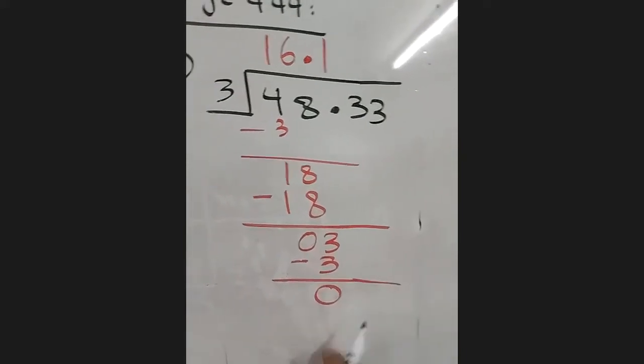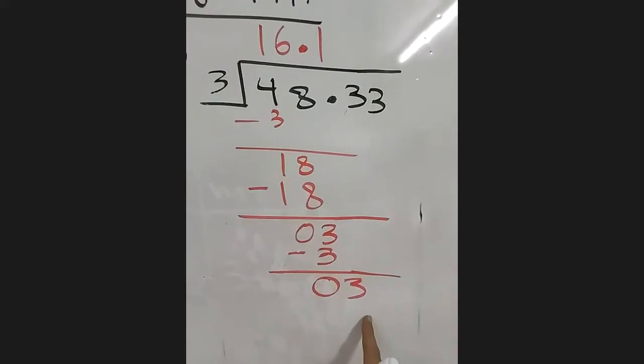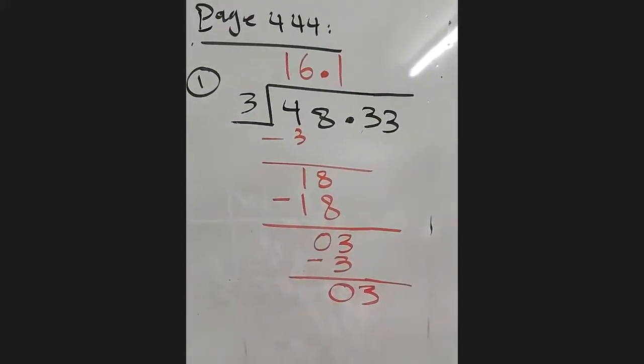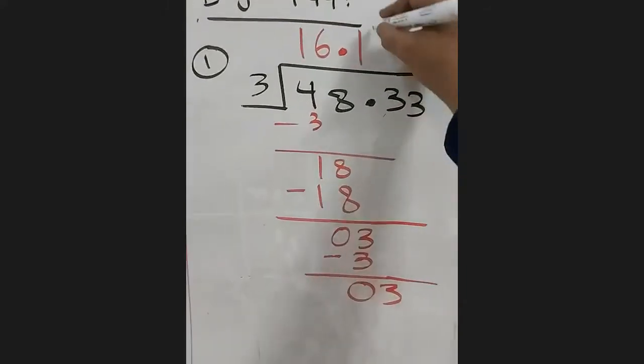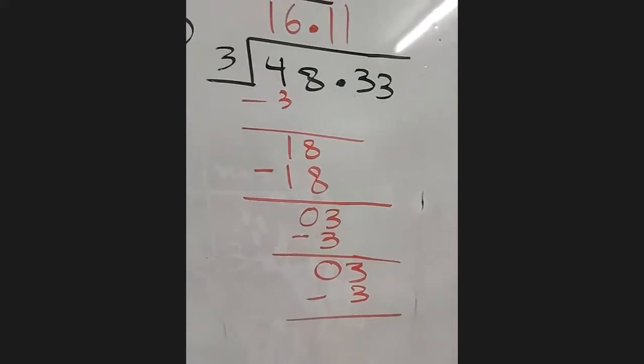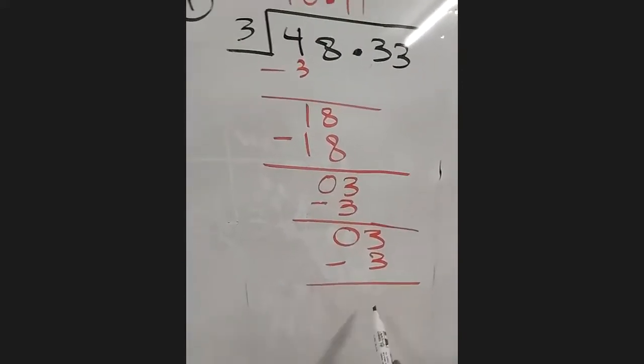Now put the 3 down. 3 divided by 3. How much? 1. Another 1. 1 multiply 3 is 3. Now 3 minus 3 is?